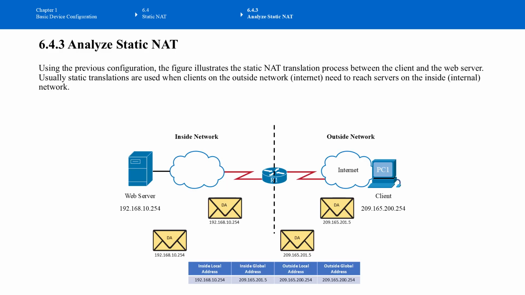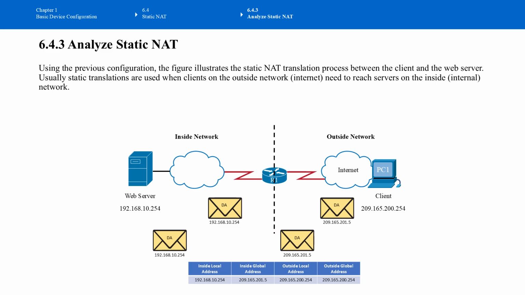This figure explains the four NAT address terms. The easiest way to understand them is to separate inside, outside from local and global. First, inside local, which means the private address of the device inside your network. In this figure, that's 192.168.10.254. The second one is the inside global, which means the public address representing that inside device to the internet.